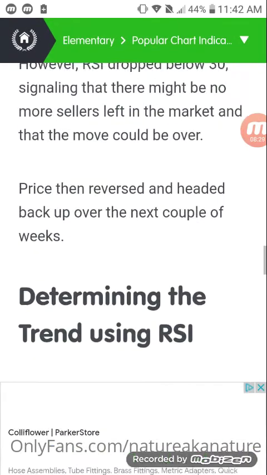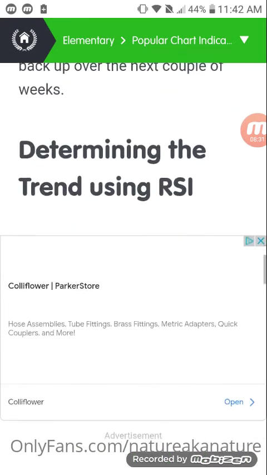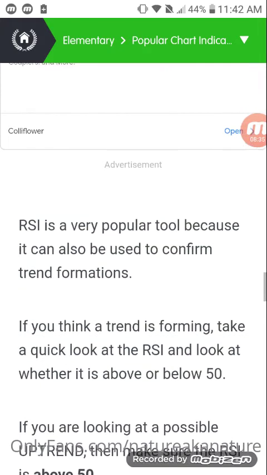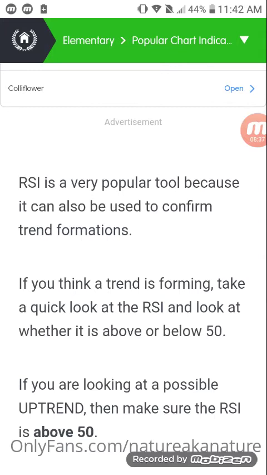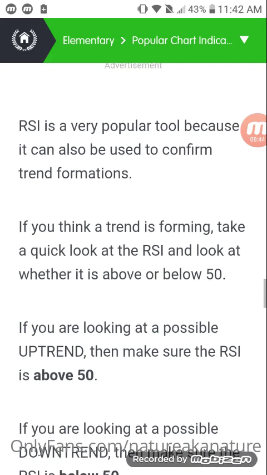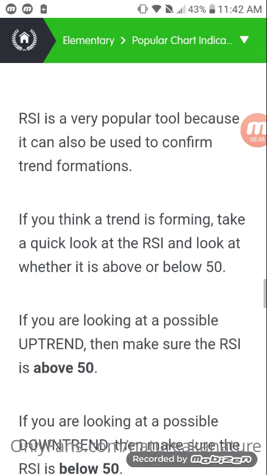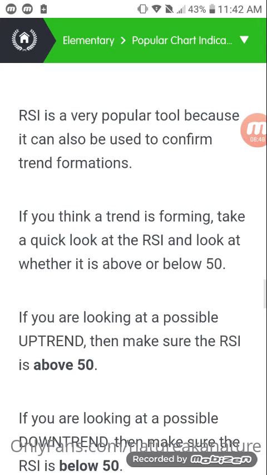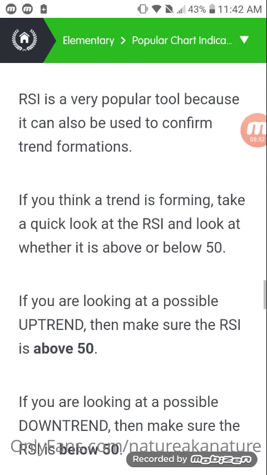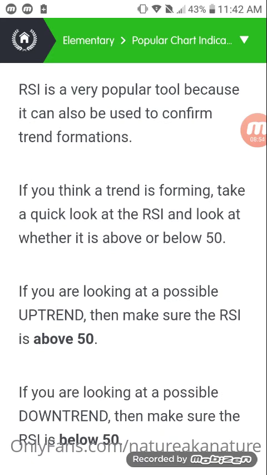This is another way you can determine the trend using the RSI. The RSI is a very popular tool because it can also be used to confirm trend formation. If you think a trend is forming, take a quick look at the RSI and see if it's above or below the 50.